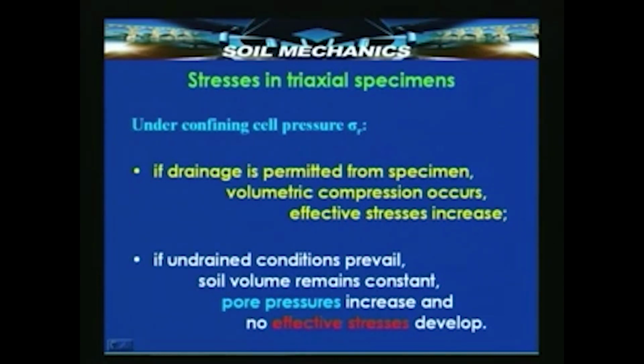So, as the test progresses, if it is a drained test, then the effective stresses in the specimen go on increasing. So, if we are applying stresses sigma 1 and sigma 3 to start with, at the end of the test we will have the effective stresses sigma 1 dash and sigma 3 dash acting on the specimen.